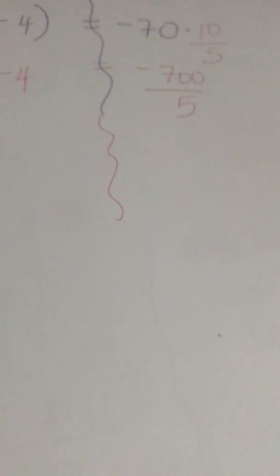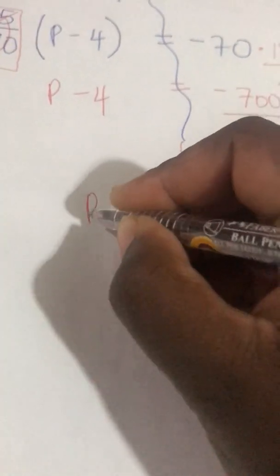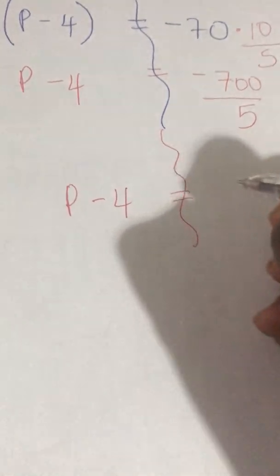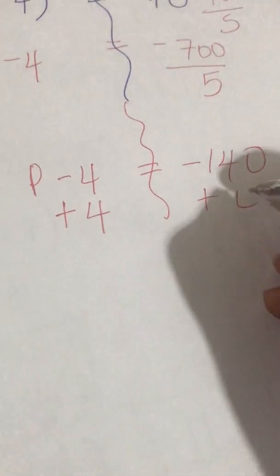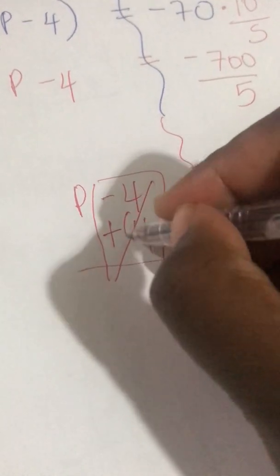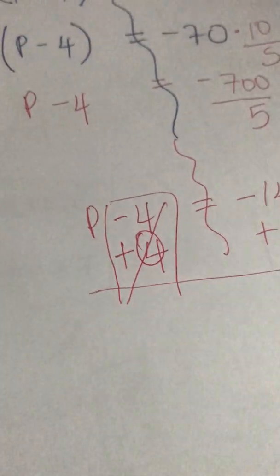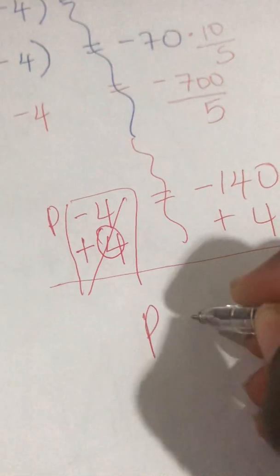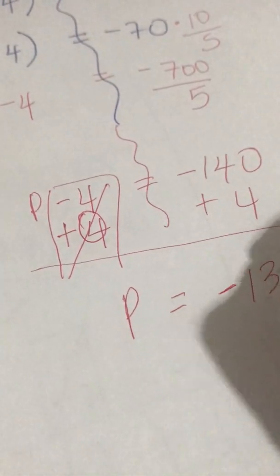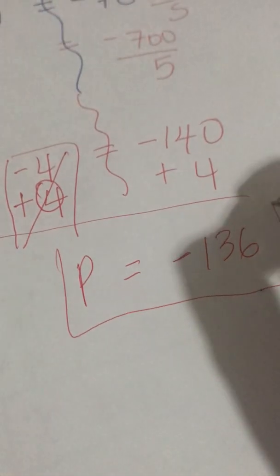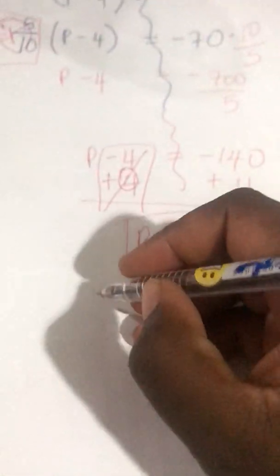That gives me negative 140. So P minus 4 equals negative 140. Do addition property of equality. Additive inverse makes that 0. And P equals negative 136. So I've shown you 3 different ways of doing it. Now let's check.